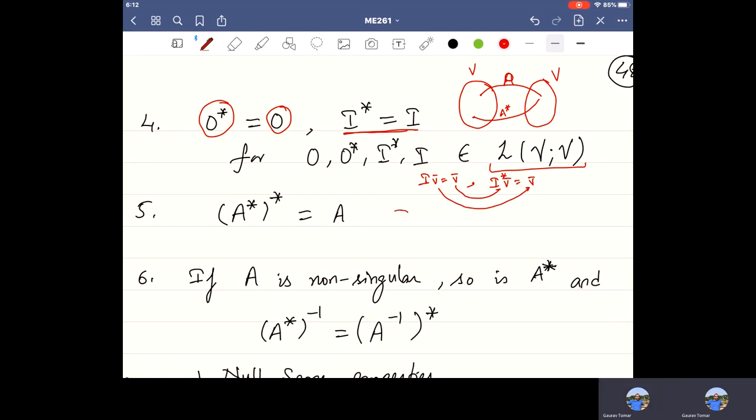Now, if you take A, mapping V to U using A, you take the transpose, you go from here to here somewhere, let's say A star.